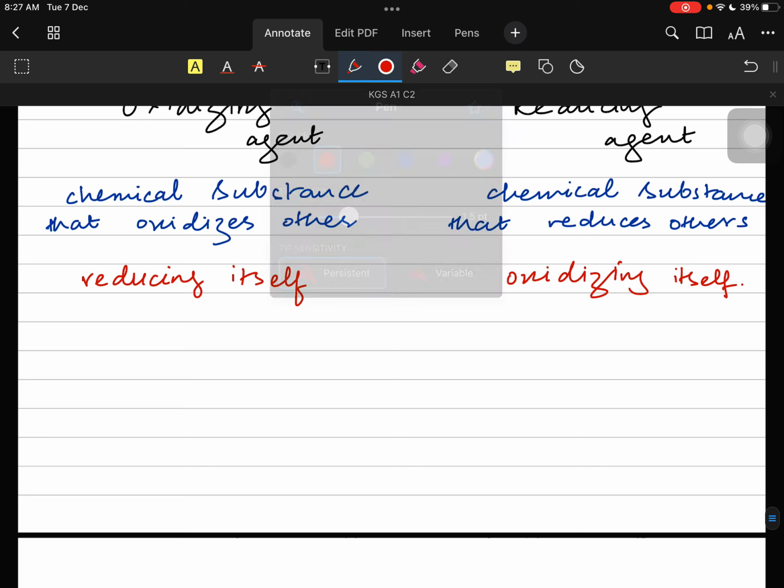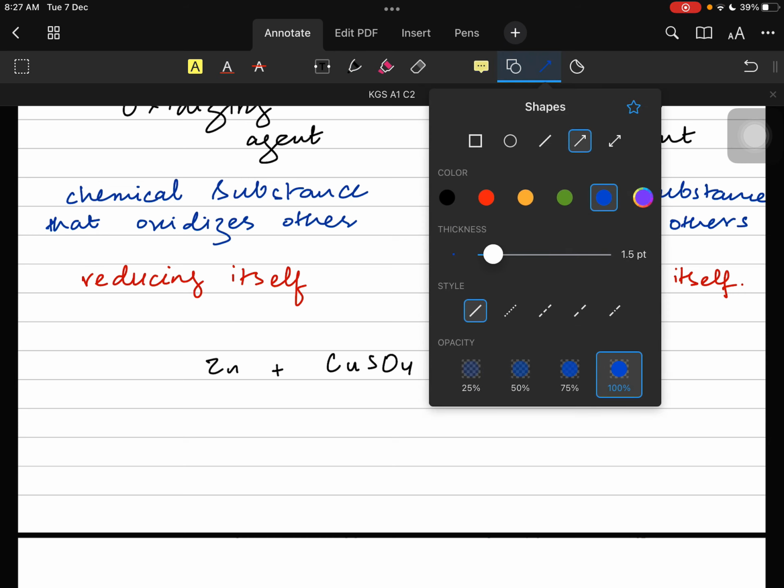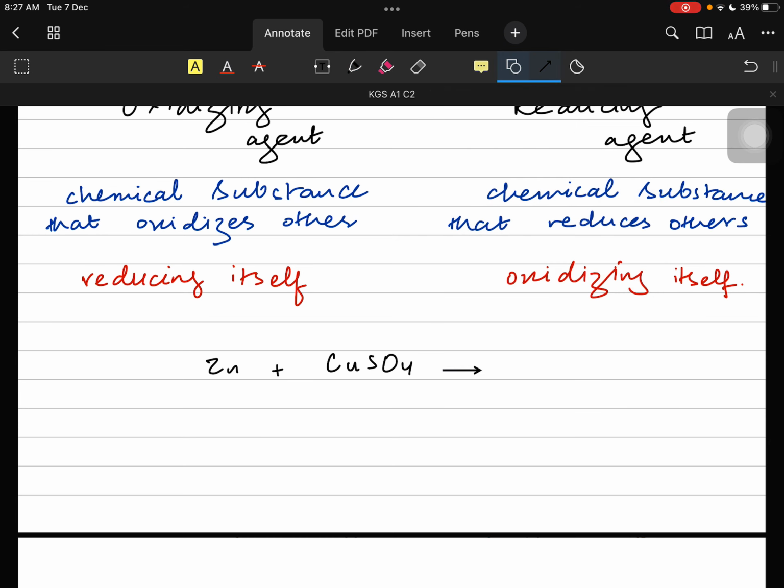For example, let's use another example from metal displacements. For example, I have pure zinc reacting with copper sulfate, because we talked about the colors of copper sulfate in the last video. What happens is zinc is more reactive. Zinc wants to make a salt.